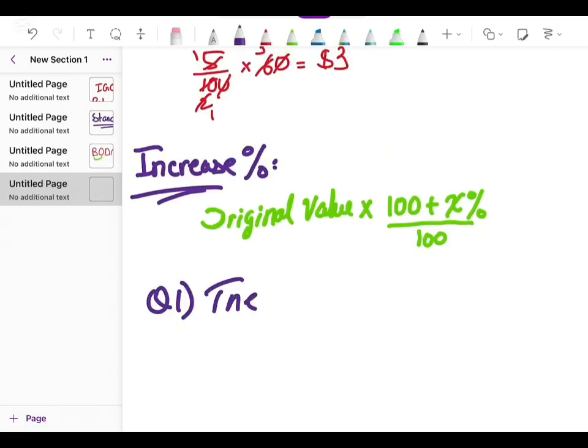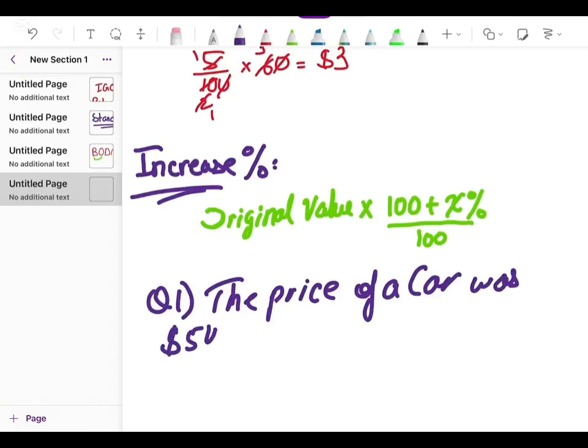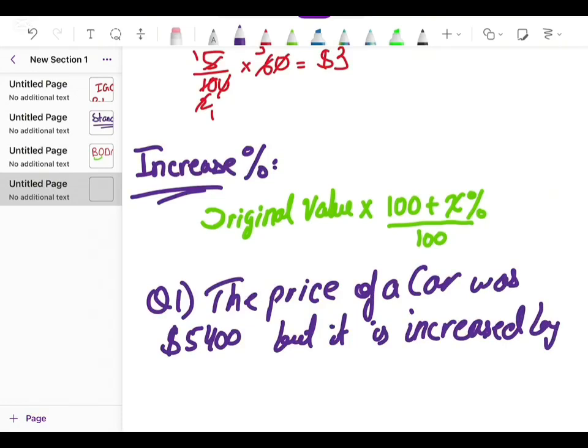The price of a car was $5,400, but it is increased by 6%.